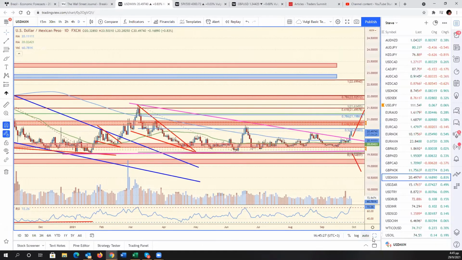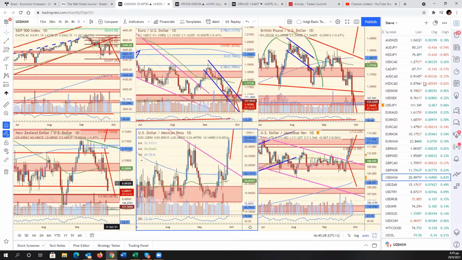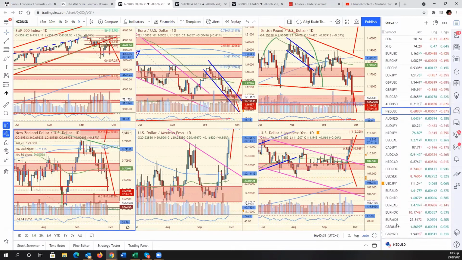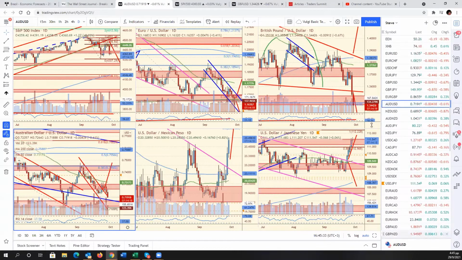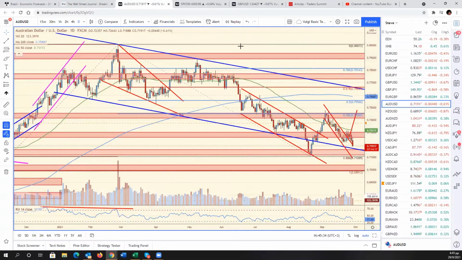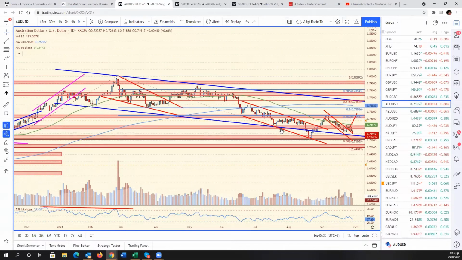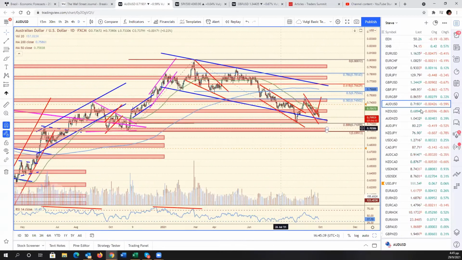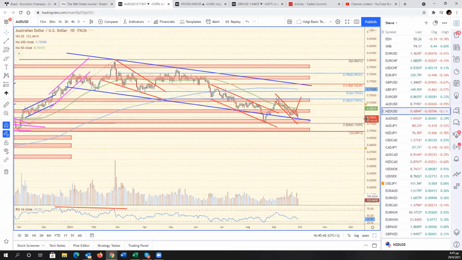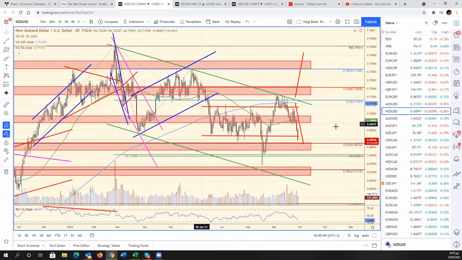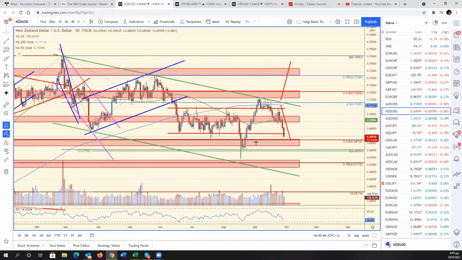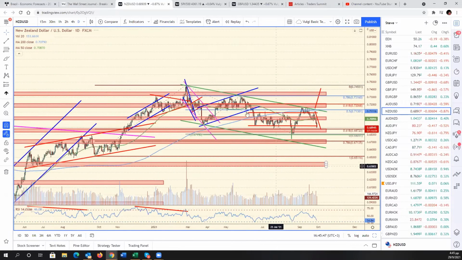AUDUSD is, let me pull it up. Here it is. AUDUSD is pulling back. Now, as I said before, having to do with the Aussie and the Kiwi, I'm a little bit skeptical in turning bearish yet, because I clearly see, especially the Kiwi, in a corrective pullback, which started at the end of February.